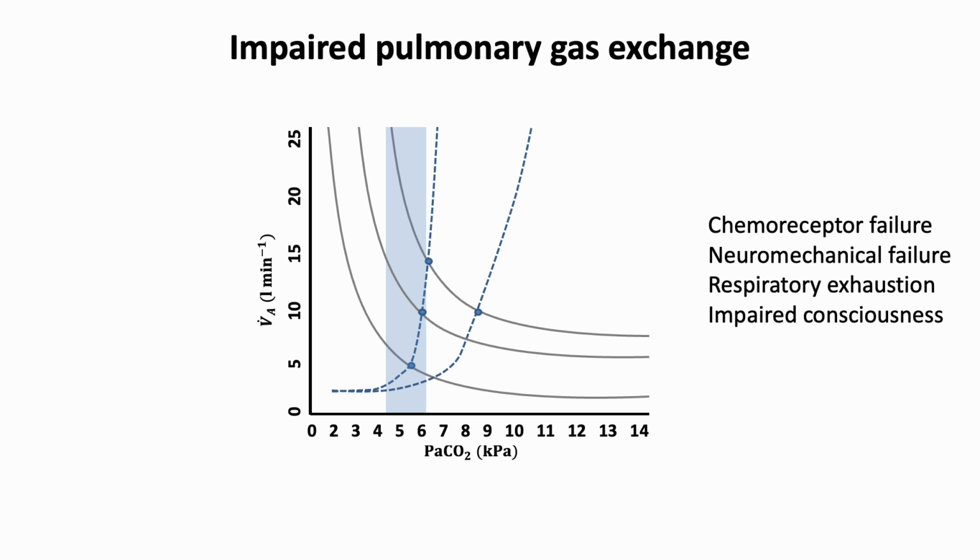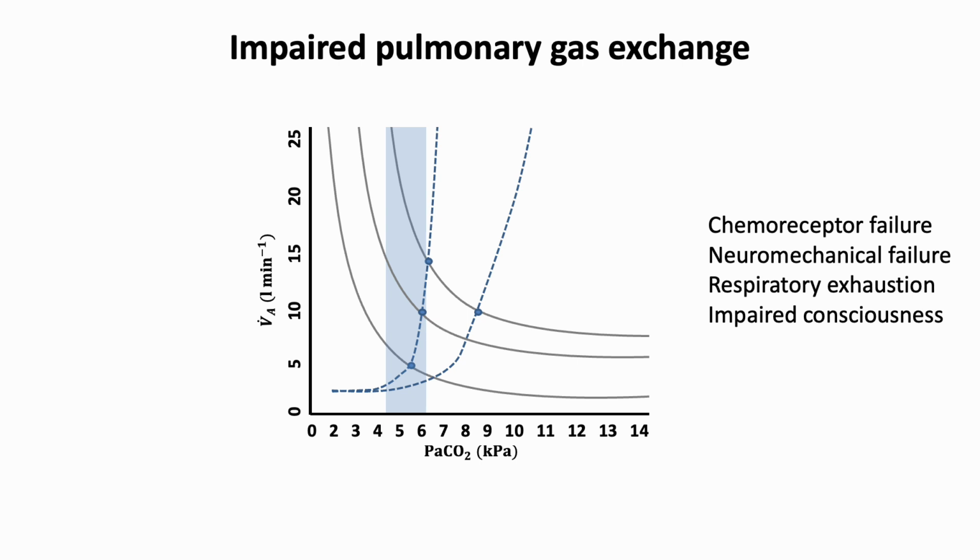It can also be neuromechanical failure. So for a given respiratory drive from the central nervous system, the whole neuromechanical system is unable to provide a sufficient level of ventilation mechanically.